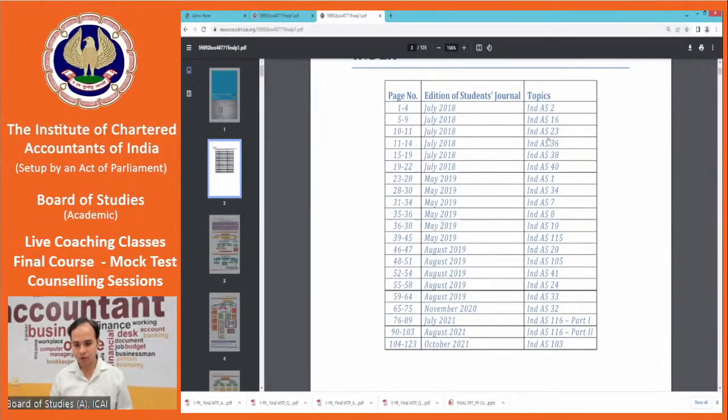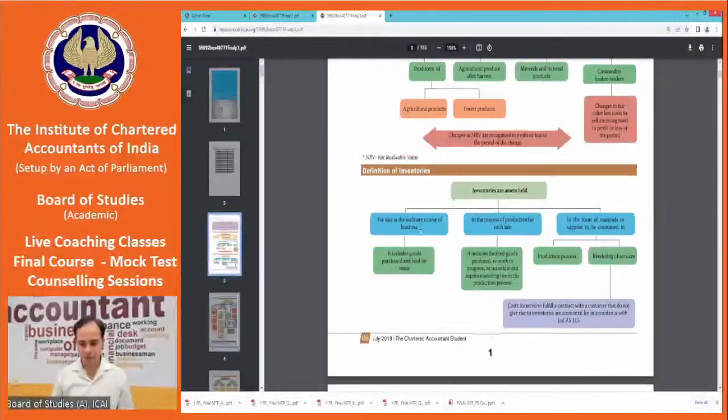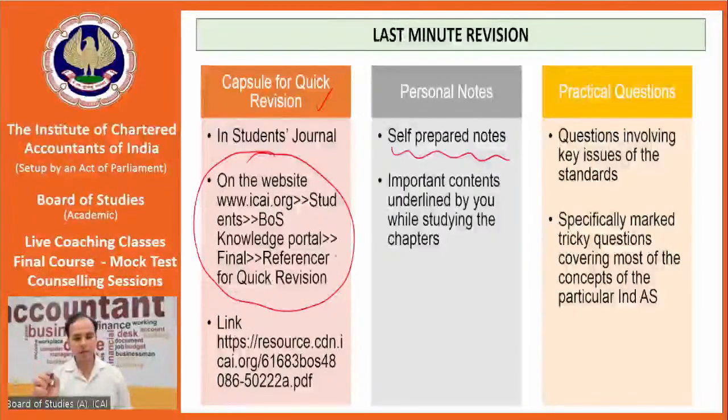Ind AS 2, 16, 23, 1, 116, etc. are all there in the student's capsule. You can refer to the capsule for your last minute revision.